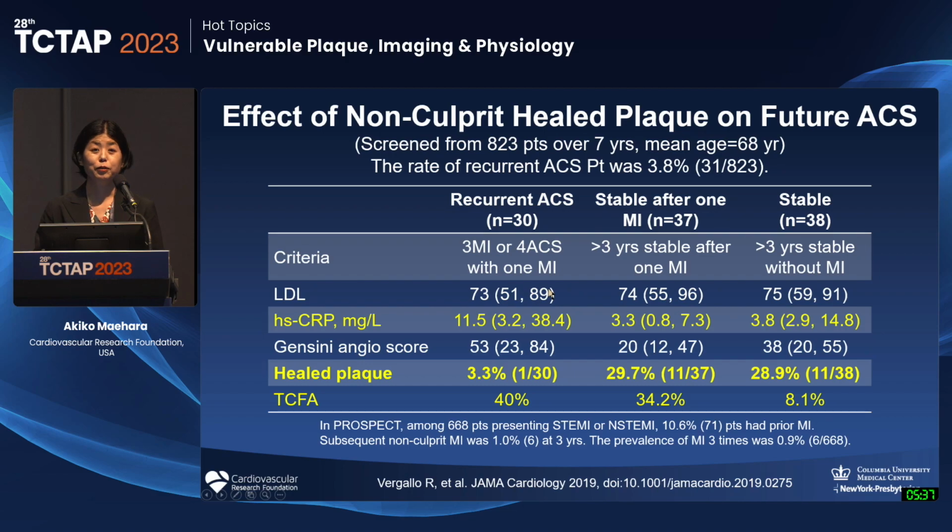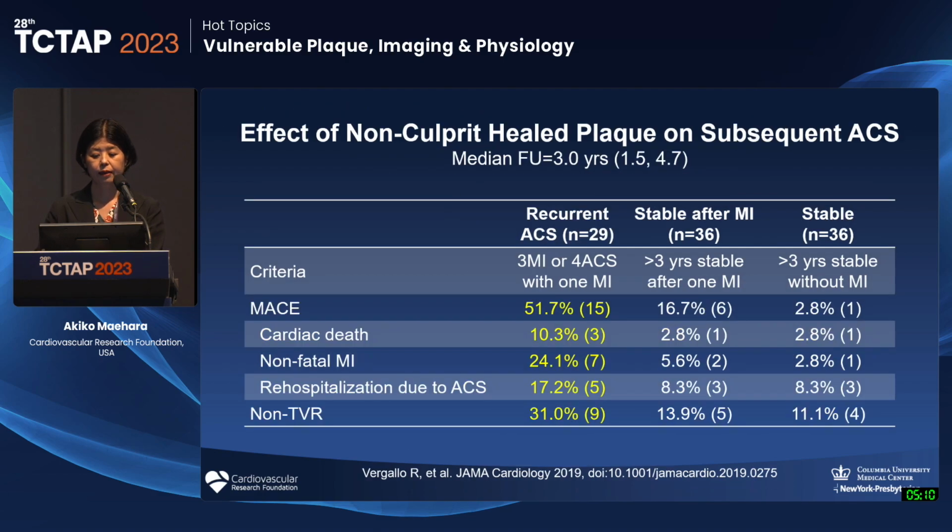And they looked into the non-culprit lesions, and only the recurrent ACS patients had less healed plaque compared to the others. Although this has to be read very carefully because the number of patients is very small, and that represents only 4% of the entire cohort. But it is a very specific patient group that gives some insight into what the healed plaque means.